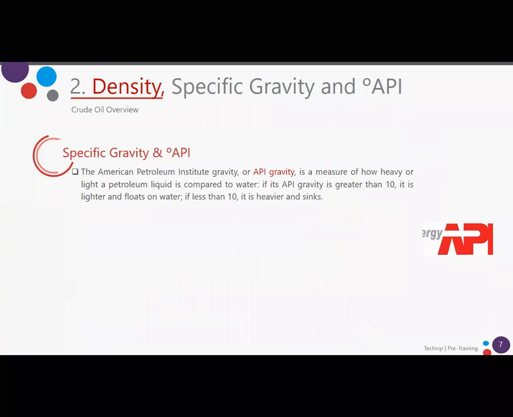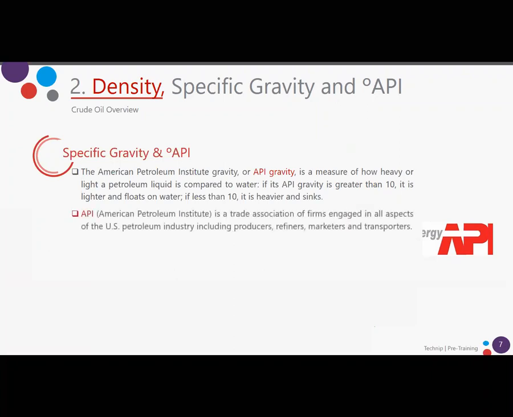So what are API degrees? The American Petroleum Institute gravity, or API gravity, is a measure of how heavy or light a petroleum liquid is compared to water. If its API gravity is greater than 10, it is lighter and floats on water. If it's less than 10, it is heavier and sinks.